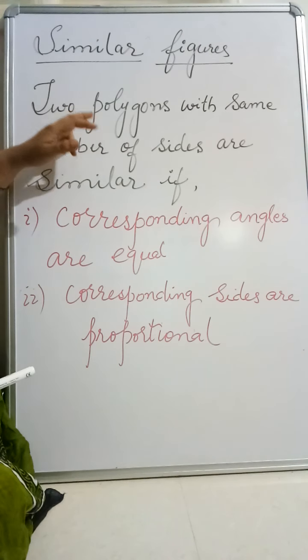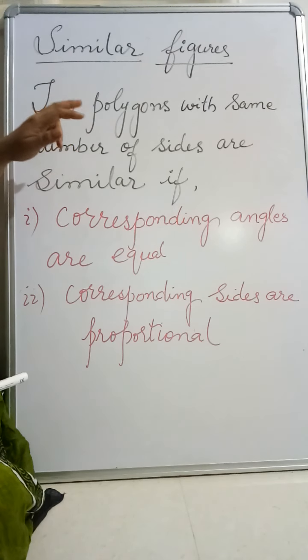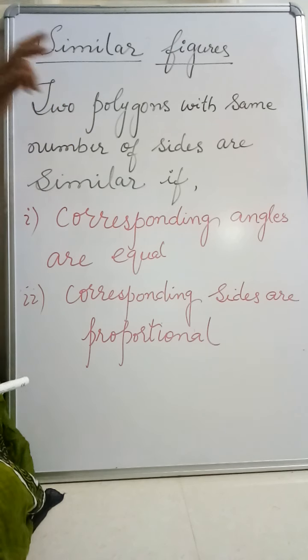Polygons are the figures bounded by 3 or more non-collinear and coplanar line segments which intersect each other at their end points. It was defined in your previous class.